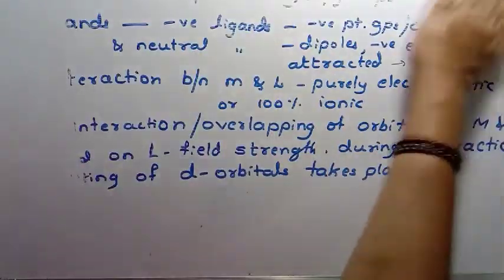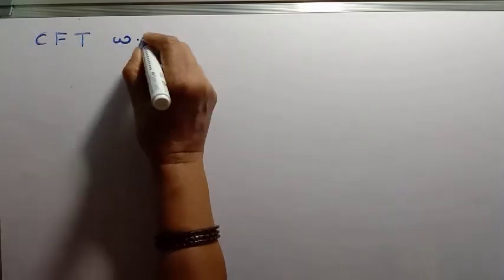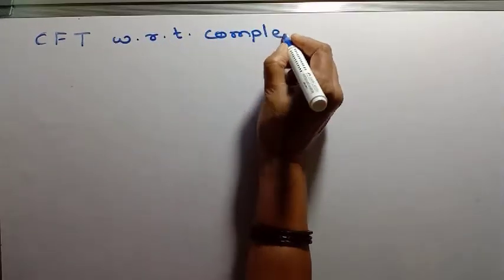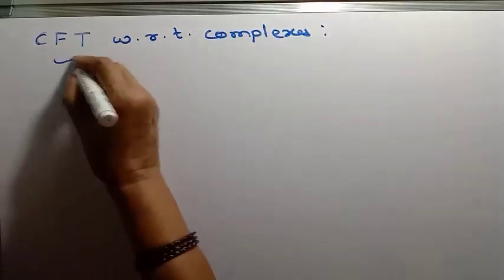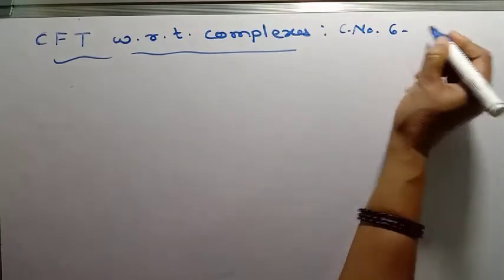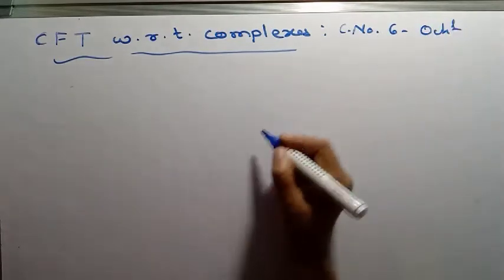The crystal field theory, when it is applied to different complexes having different geometries. So now, CFT with respect to complexes. If the coordination number is 6, then the geometry is octahedral.